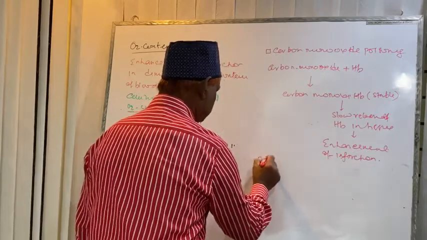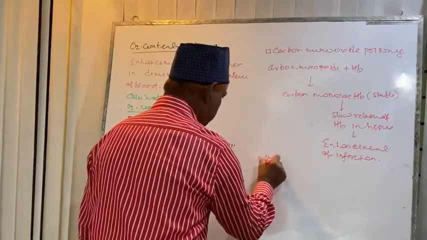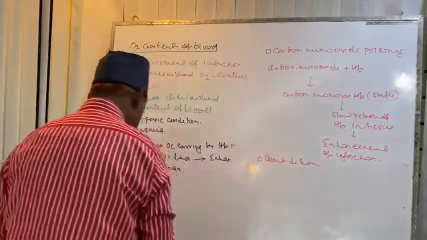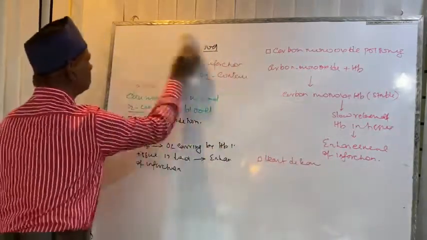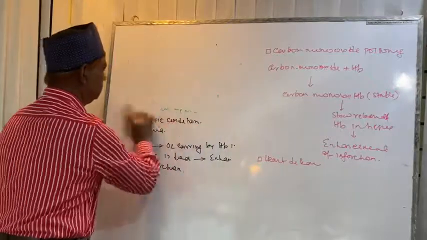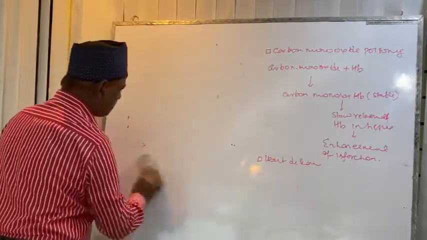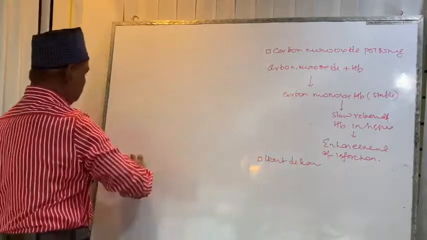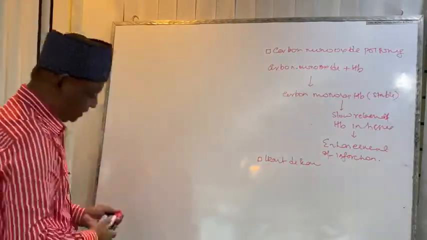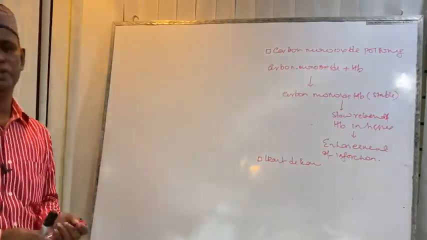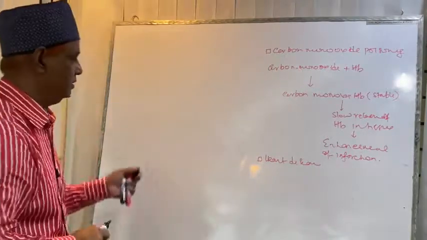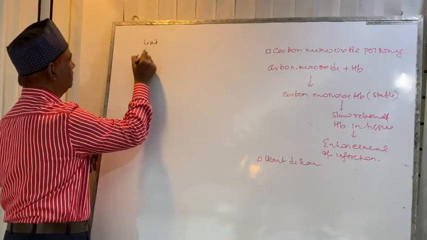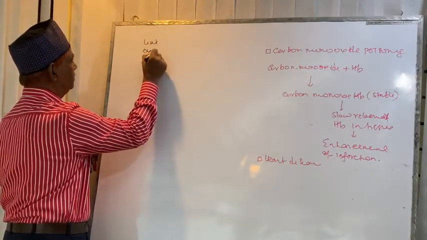As it is more stable, there is slow release of oxygen in tissue. As there is slow release of oxygen from carboxyhemoglobin, which is a bit more stable than oxyhemoglobin, tissue gets minimum oxygen and there will be enhancement of infarction.